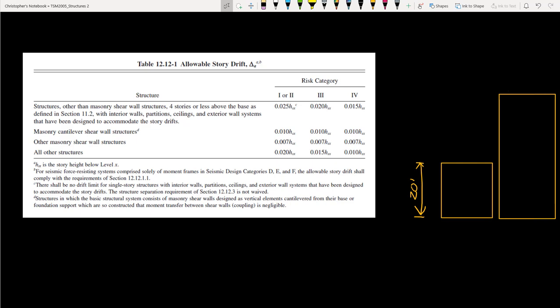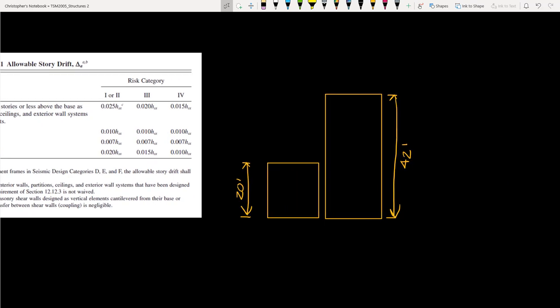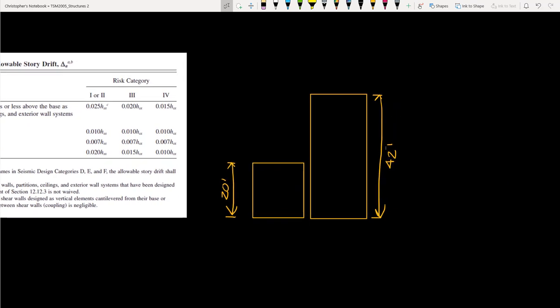For example, let's consider a case where we are designing a new building next to an existing building. In cases like this, we need to make sure that these buildings do not collide under seismic activity. And so we need to look at the total displacement of these buildings.